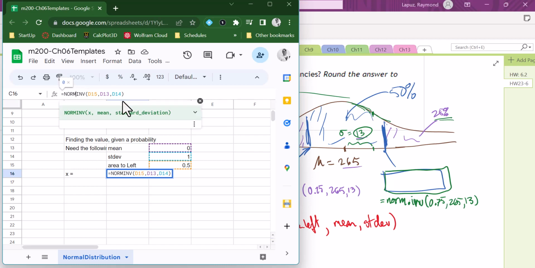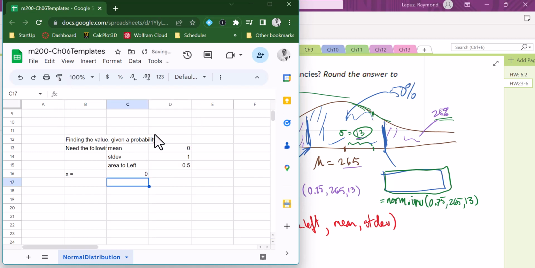We have the x value, that's the area to the left, the mean and standard deviation. This is set up so that I just have to change these numbers. So I have 265, and 13 for the standard deviation, and the area to the left is 0.25.